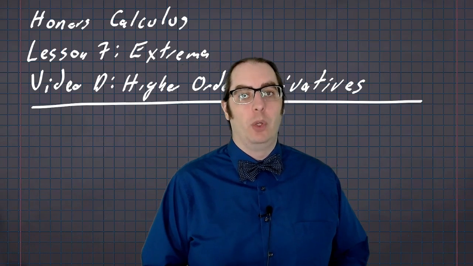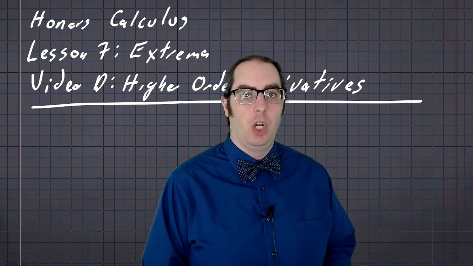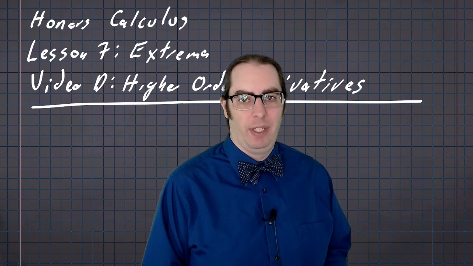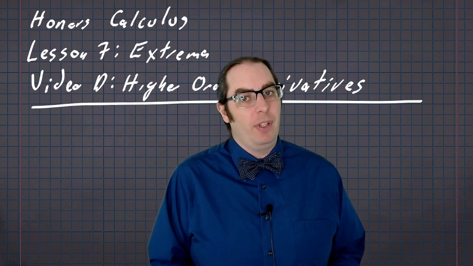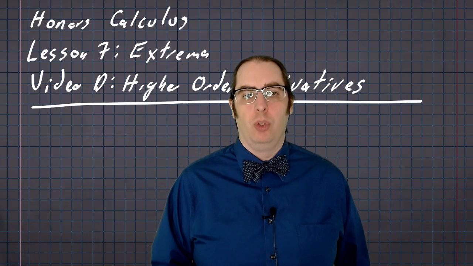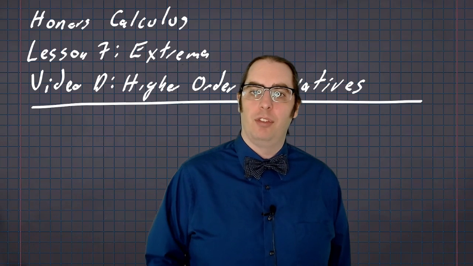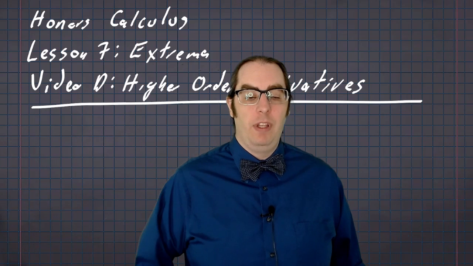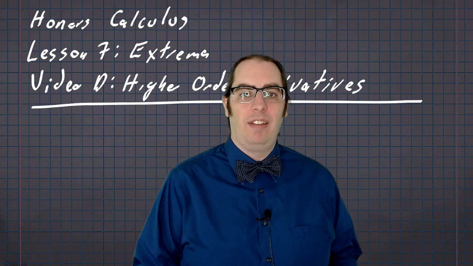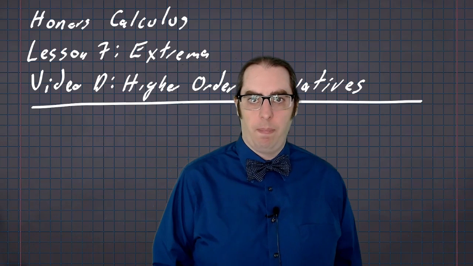In this video, we're going to conclude our discussion on extrema with the idea of higher order derivatives. And I'll be perfectly honest, higher order derivatives don't really fit into what we've done in the last three videos for this lesson. Instead, think of this as a preview of things to come.